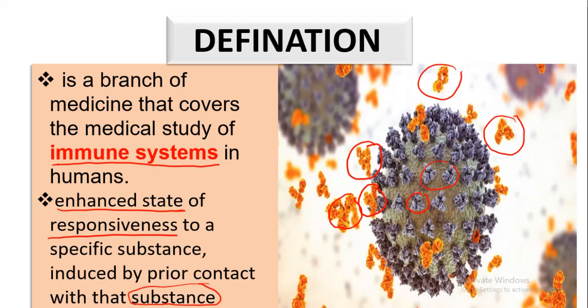With that being said, we can all be interested in knowing the types of immunity. We have said that immunology tries to explain the way the body functions when it is exposed to foreign substances.